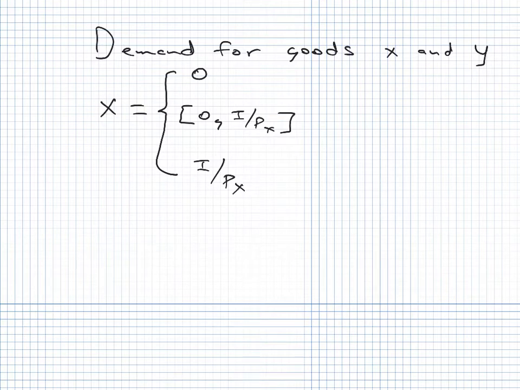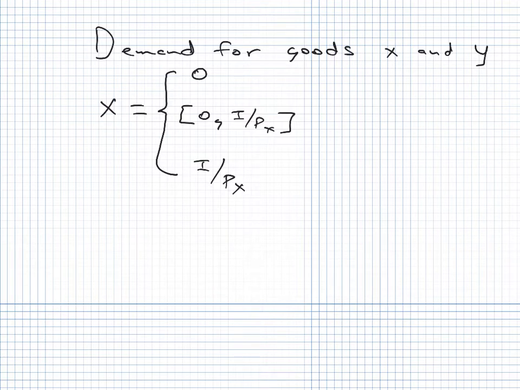So, the consumer is either going to choose to buy 0 units of good X, and again, X is cans of Diet Dr. Pepper, so either 0 units of good X, going to choose somewhere between 0 and spending all of her money on good X, or she'll choose to spend all of her money on good X.